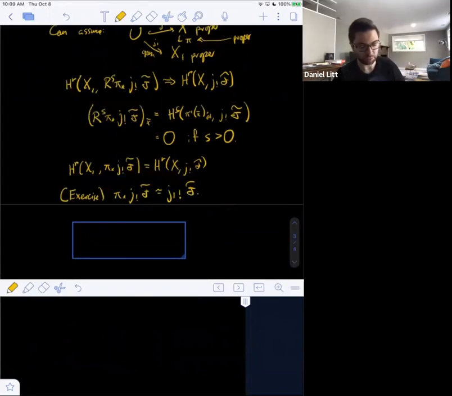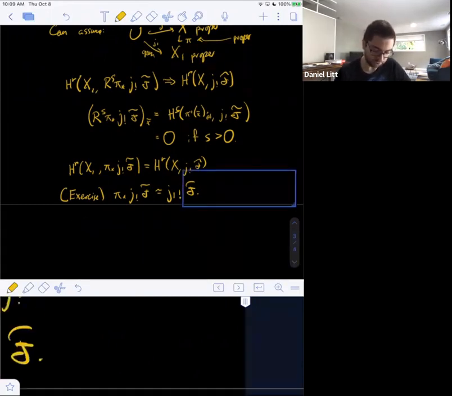Once you construct a map, it's enough to check on stalks, and then you can, for example, use the proper base change theorem to check on stalks that the map is an isomorphism. All right. Are there any questions about this?